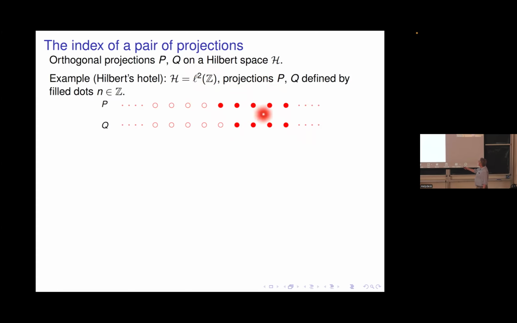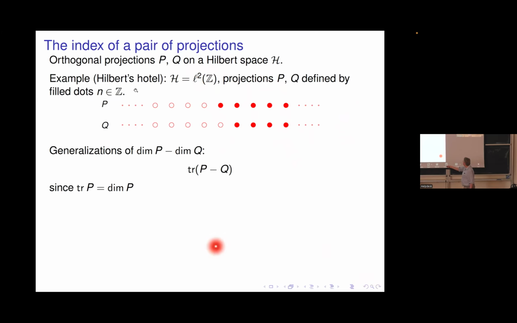Both define infinite dimensional subspaces, infinite dimensional projections, and somehow we would like to count the dimension of P, that is the dimension of the range of P, which is infinite, and the dimension of Q, and subtract.